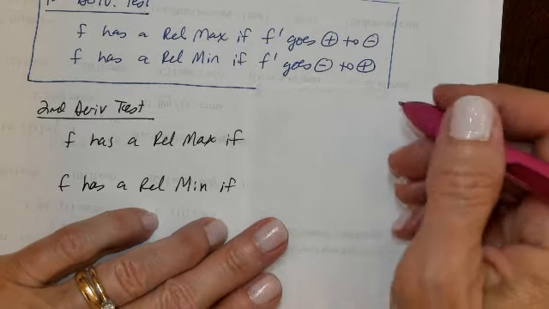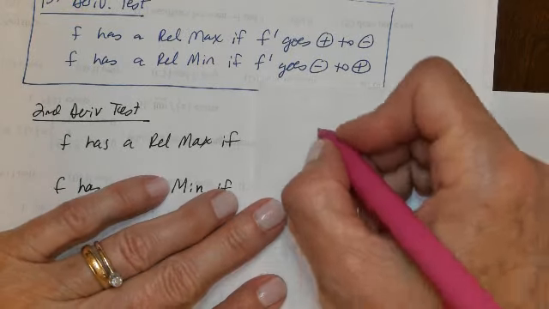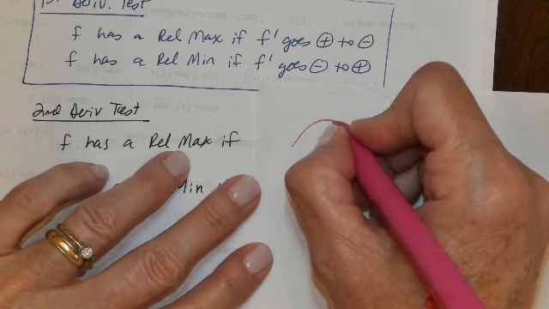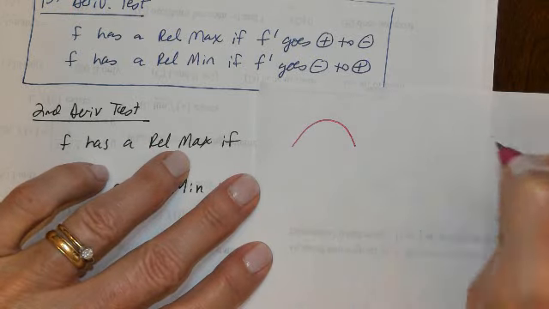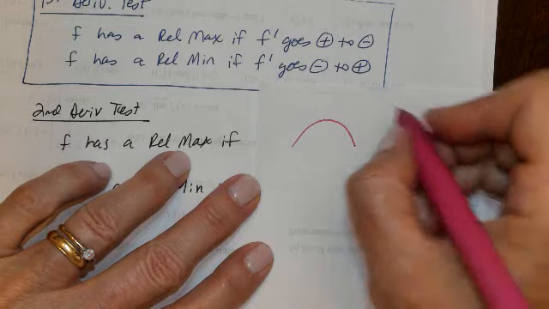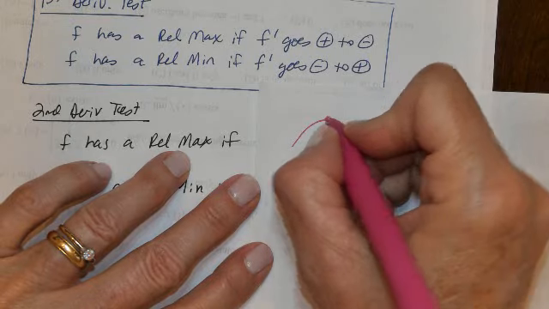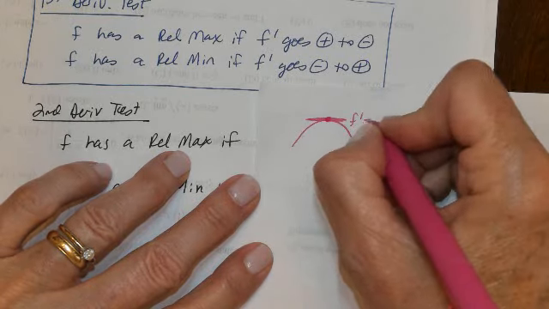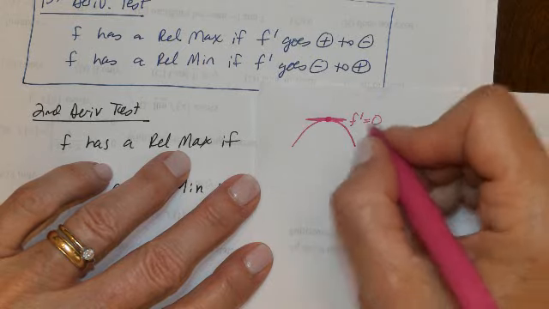So if you have a relative max, the slope is 0. It has to be. F prime must be 0 or undefined.